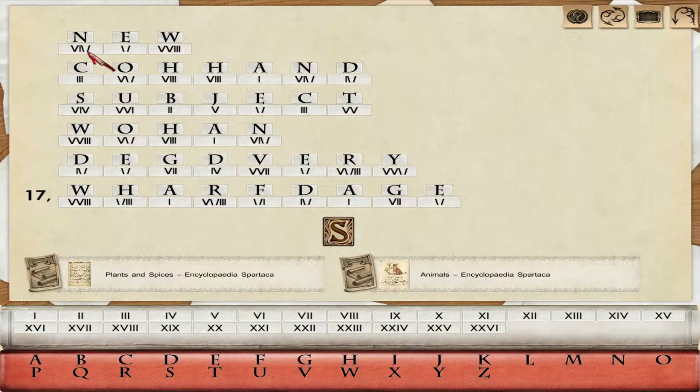So N, yes. 23. W. 15. O. 14. N. 4. D. 19.